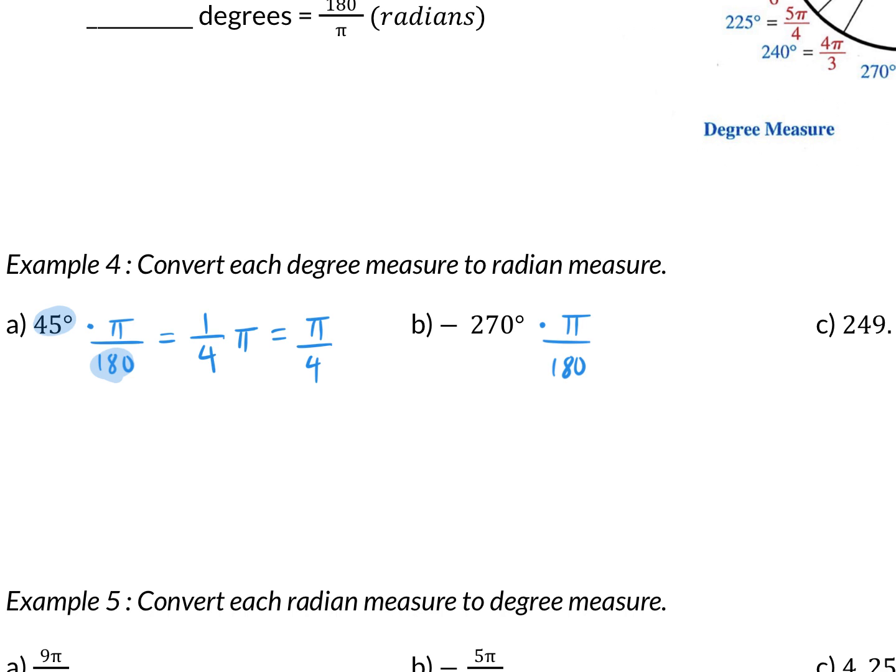And all I want you to do in your calculator is plug in negative 270 divided by 180, and simplify that as a fraction. I don't want you to write them as decimals. As a fraction, you should get negative 3/2 simplified, or negative 3 pi over 2.